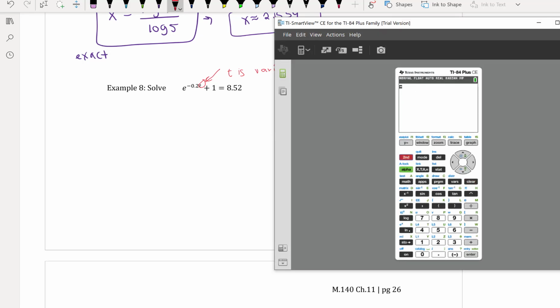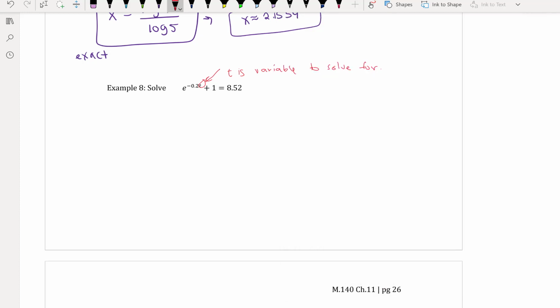If I were to plug e into my calculator, I get 2.7128, right? That's almost the exact same thing as pi, where it's never ending, never repeating. So again, e is a value, just like pi. It's irrational. It's non-repeating, non-terminating. So we're going to use that to our advantage. So the only thing we're solving for here is t.